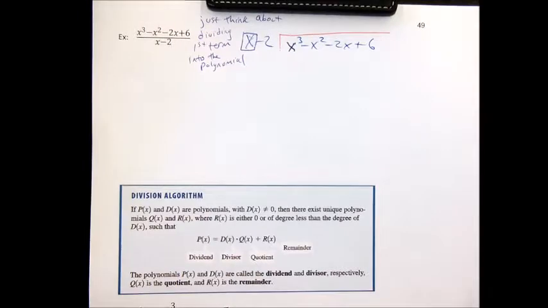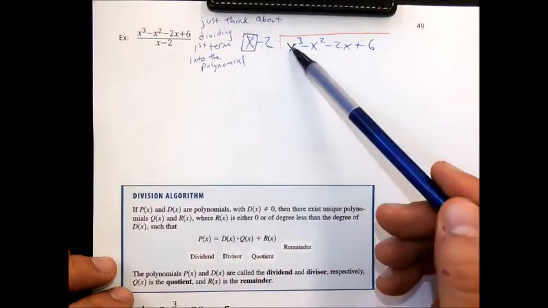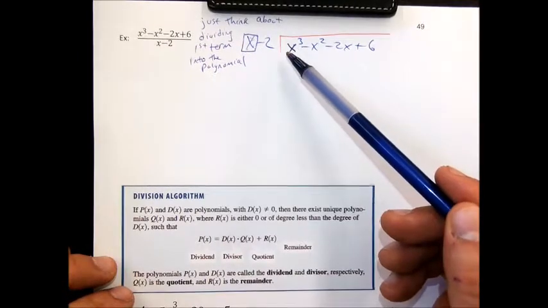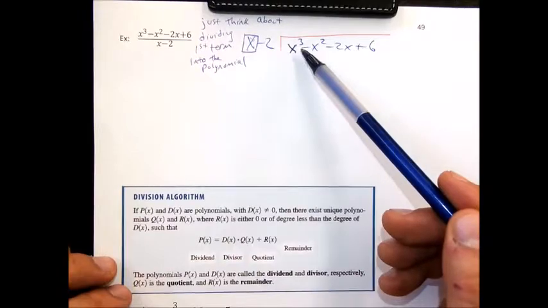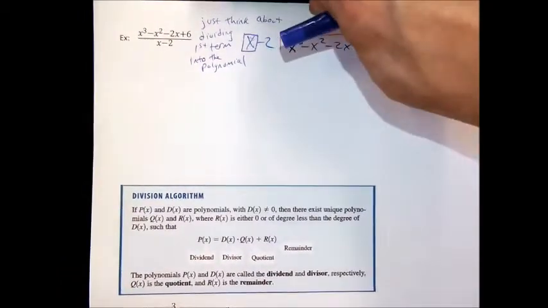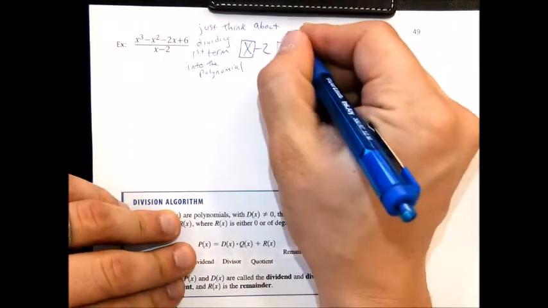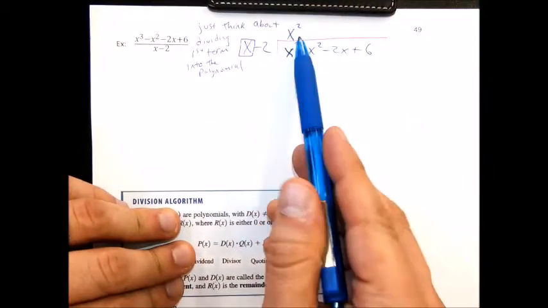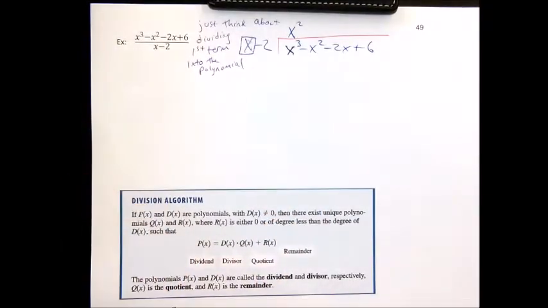And what we do is we think, how many times does x go into x cubed? Or the other way to say that is, what do I need to multiply x by in order to get x cubed? So x squared is that answer, right? So the answer, we put right up here, because x squared times x gives me x cubed. Very similar to what we did on the last page.